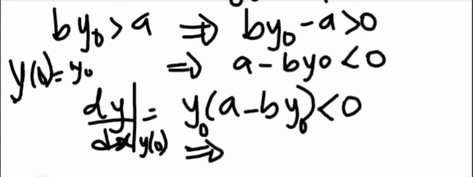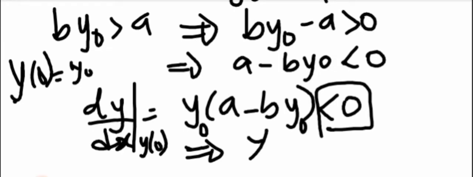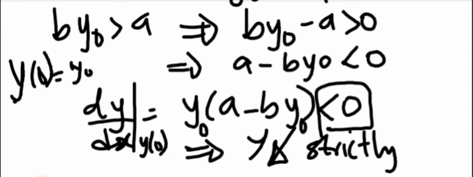So what does this imply? I told you that if it is less than 0, then the curve at that point is strictly decreasing. So y is going down.